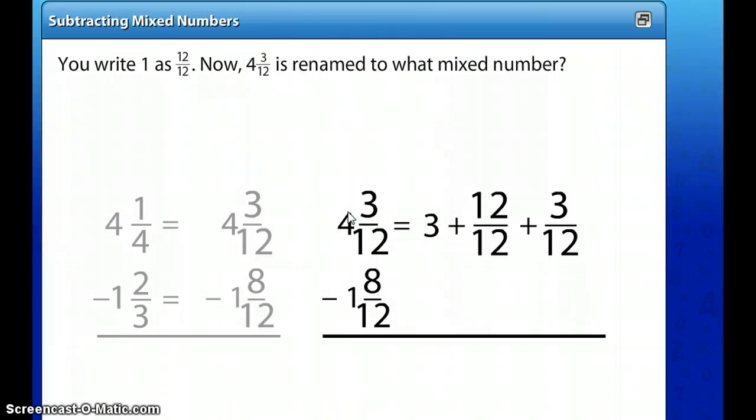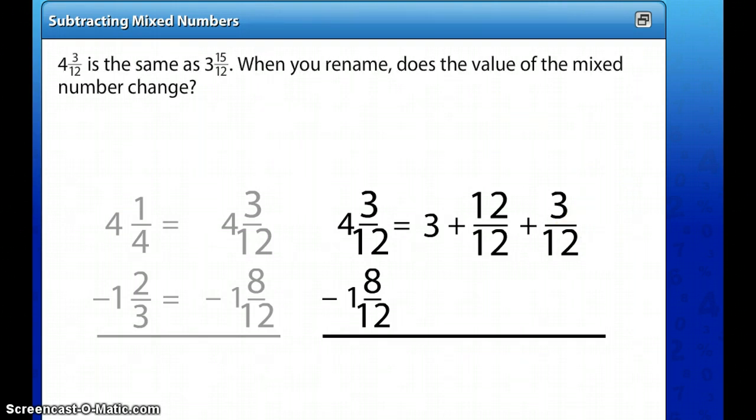So that 1 whole, instead of 3 plus 1, we just renamed it as 12/12 because we're dealing with 12ths here. But now your numerator is the same as your denominator. So now I'm going to take this 12 and add it to the 3. So whatever's on the bottom, you take 1 away, and then what you're doing really is adding that many to your numerator to get a higher numerator. It's the same fraction, it's a different way of showing it.